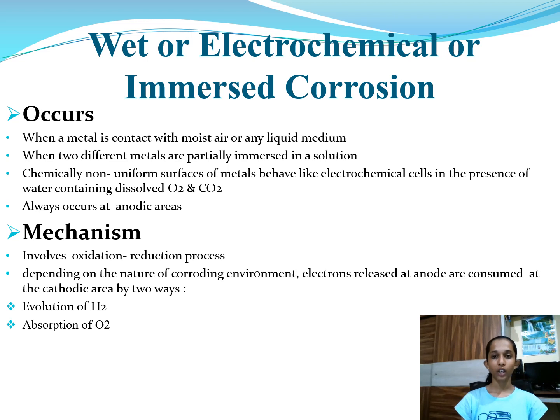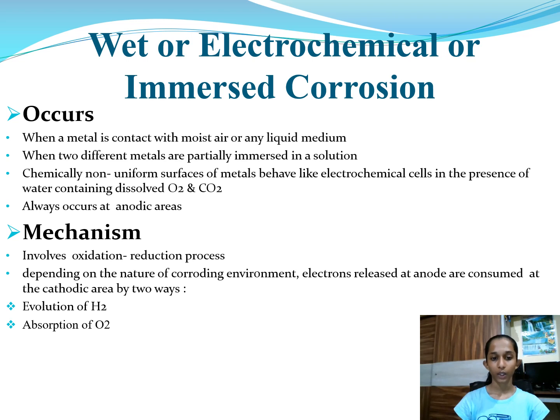Second one is wet or electrochemical or immersed corrosion. The reason for its occurrence is when a metal is in contact with moist air or any liquid medium, or when different metals are partially immersed in a solution, or when chemically non-uniform surfaces of metals behave like electrochemical cells in the presence of water containing dissolved oxygen and carbon dioxide.